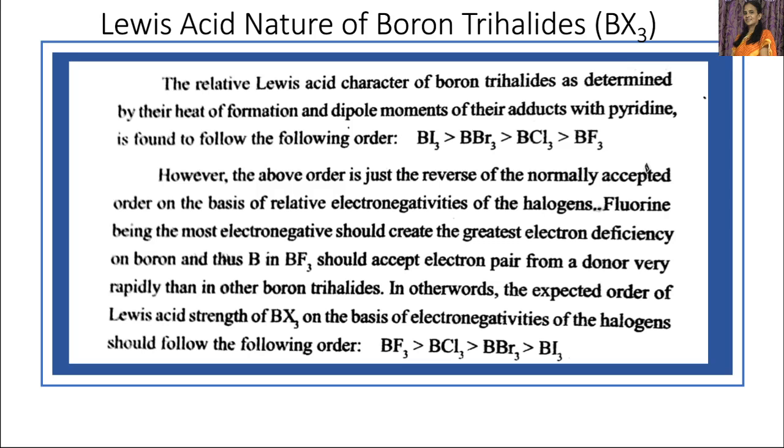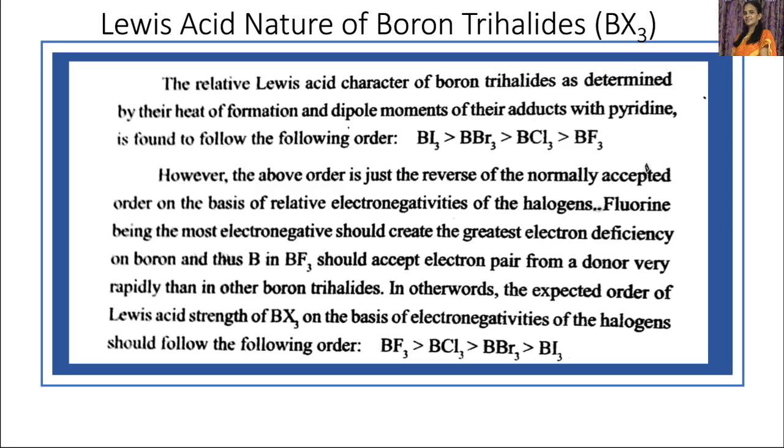This is the order of Lewis acidic nature of these four trihalides based on values and the formation of adducts with the pyridine molecule. However, the above order is just the reverse of the normally accepted order on the basis of relative electronegativities of halogens.